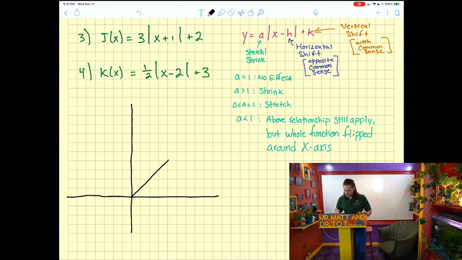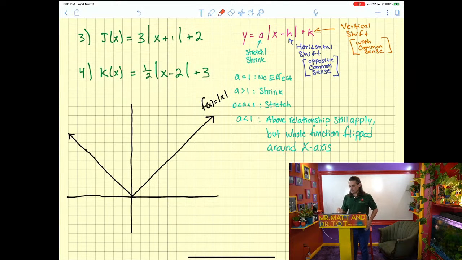That's just y is equal to the absolute value of x, meaning a standard y is equal to x, and y is equal to negative x when x is less than 0. So this is f of x is equal to the absolute value of x.